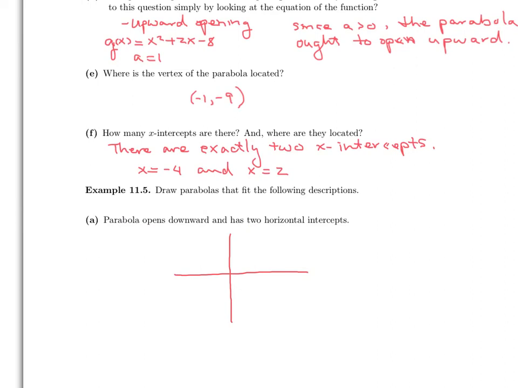Now we want a parabola that opens downward, so it has to have a basic shape like this, and it has to cross the horizontal axis in 2 places so that we have 2 horizontal intercepts. So a graph that would accomplish that might look something like this. It's downward opening, and it hits the horizontal axis in 2 locations.